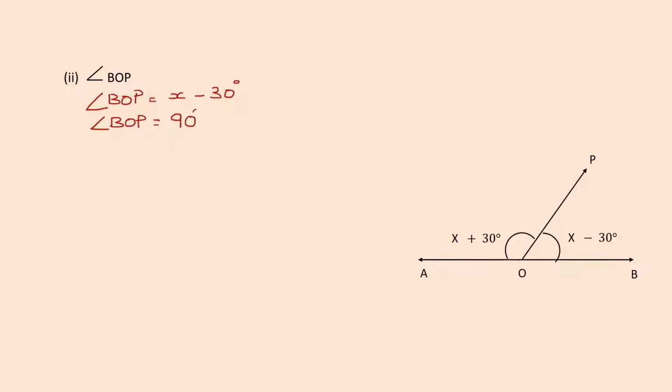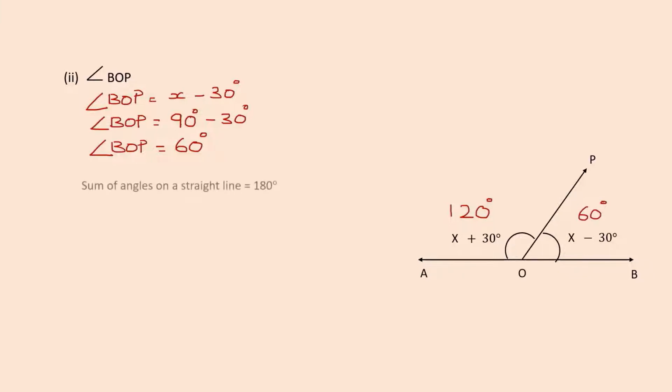So let's substitute 90 minus 30 degrees. So when you minus 90 and 30, you get 60 degrees. So angle BOP is equal to 60. So let's write it down here. Angle BOP is 60 degrees and angle AOP we found out is 120 degrees. Together, they both will add up to 180 degrees.